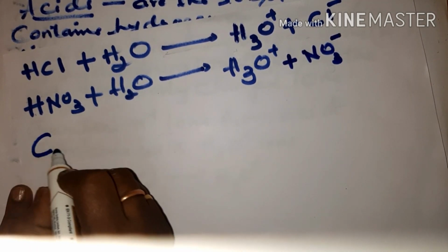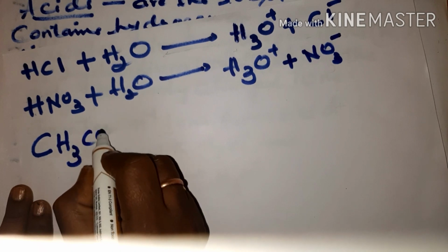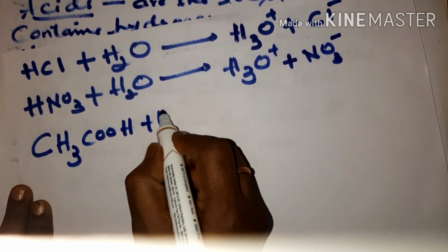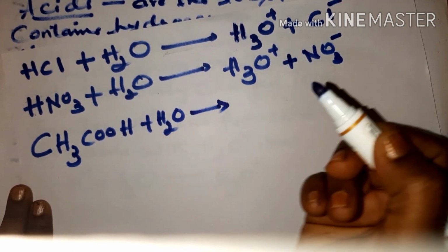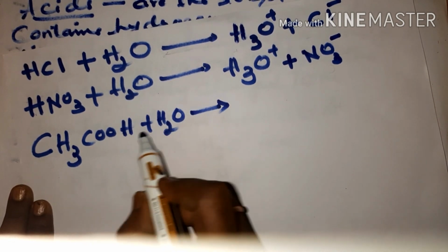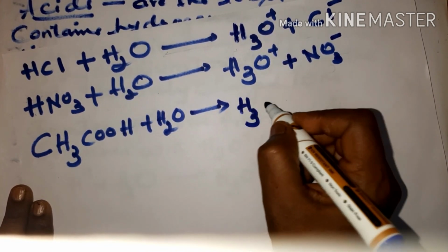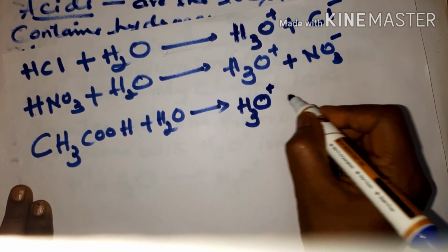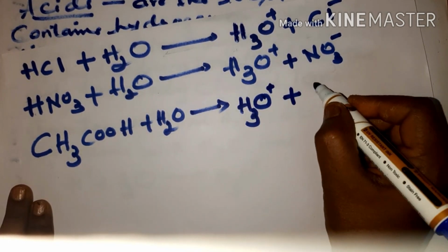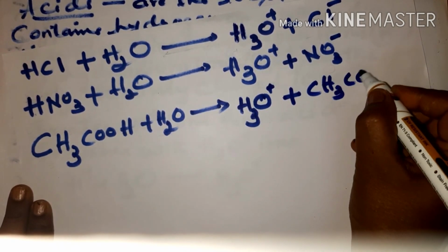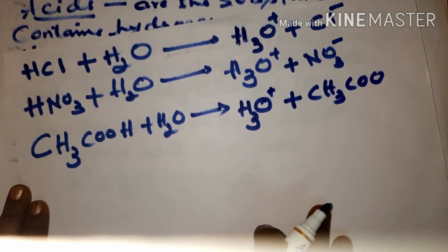Once again you can take acetic acid, CH3COOH plus water, you get again hydronium ion, three atoms of hydrogen and oxygen, plus what is left out, children? CH3COO minus. Like this, these are called acids.